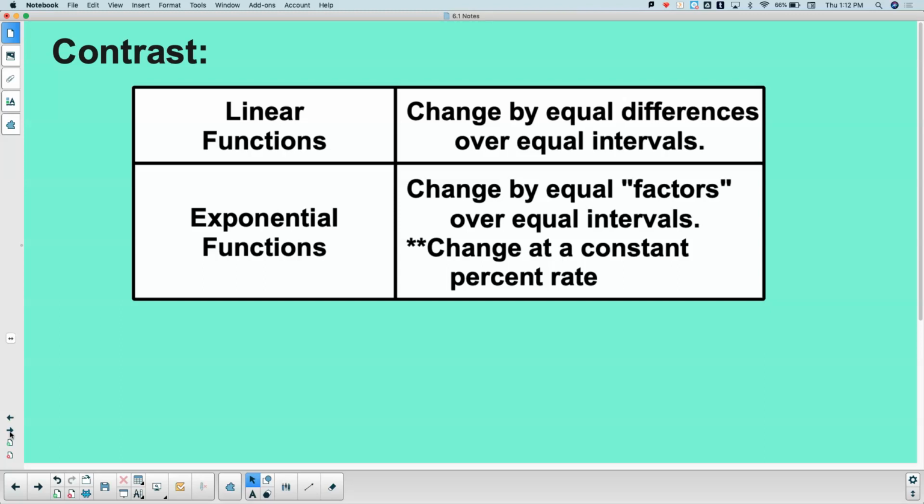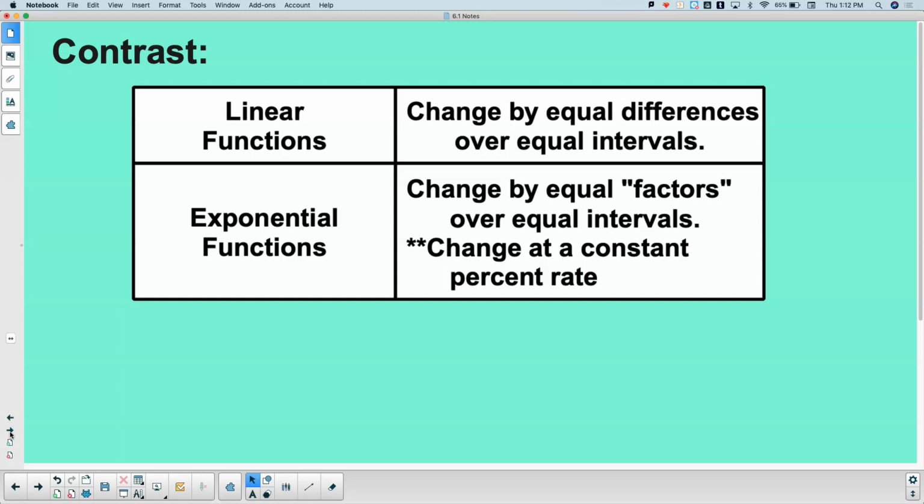If you're on the same interval, it doesn't matter where you are. So if you go from 1 to 2, the difference is 10. If I go from 7 to 8, the difference is 10. If I go from 99 to 100, the difference is 10. The change is constant. The change doesn't change in a linear function.